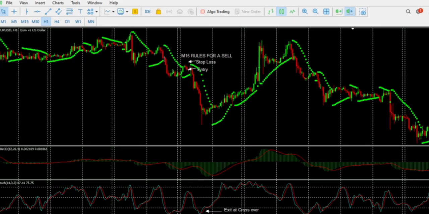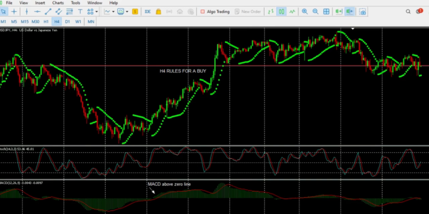We move on to another chart to get the rules for a buy signal. This is a USD JPY chart. On the H4 time frame, we ensure that the MACD is above the zero line. We ensure that the stochastic oscillator is above the 50 level. We ensure that the Parabolic SAR rises from below the price.